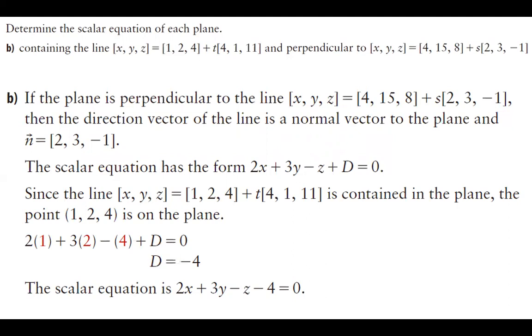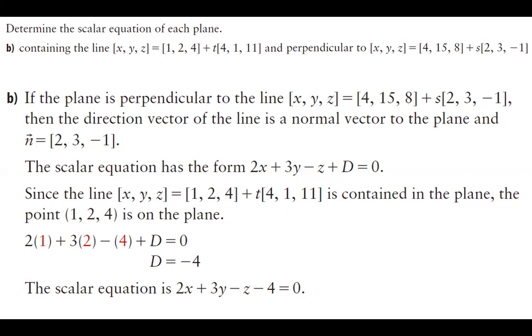And the scalar equation has the form 2x plus 3y minus z plus d equals 0, right? The coefficients of x, y, z are the three components of the normal vector n. Of course, here we don't know the value for coefficient d yet. So you need another point on that plane to determine the value for d.